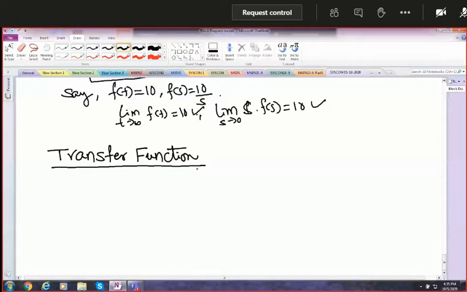I will not abbreviate it as TF. I would rather write it as T(s) or G(s). In normal control theory, we use these kinds of symbols.